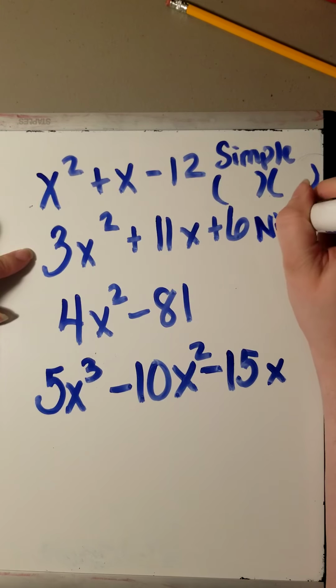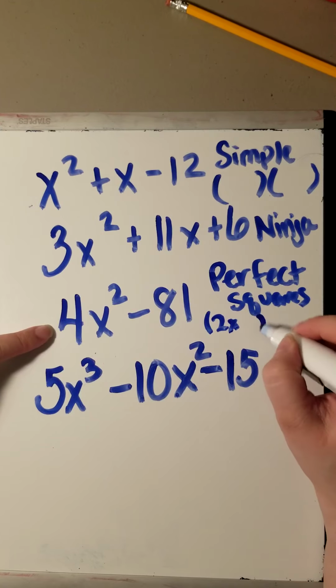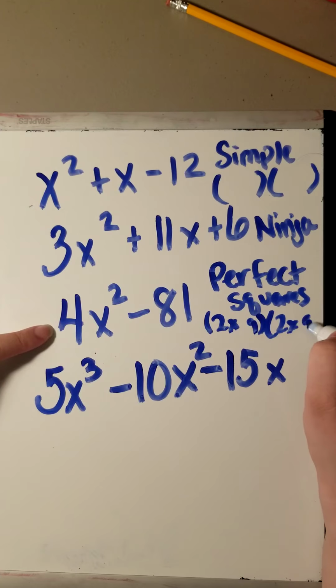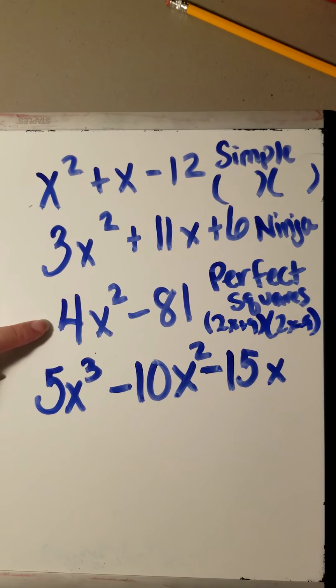This one, this is a perfect square, and this is a perfect square. So I would use the perfect squares form. So with this one, this is the one where you'd have 2x and 2x, and this 81 is 9 times 9. So I would have plus and minus, and they're the exact same thing.